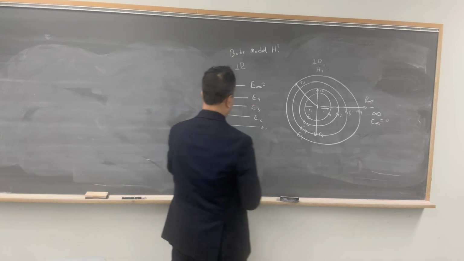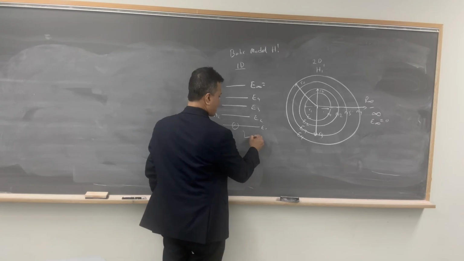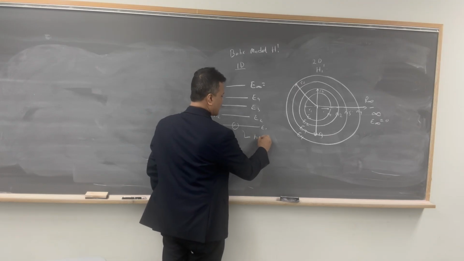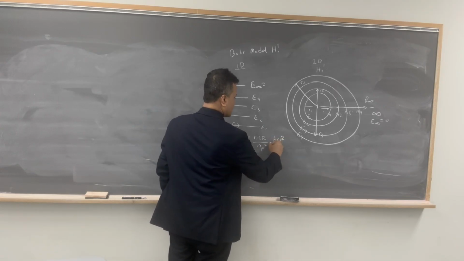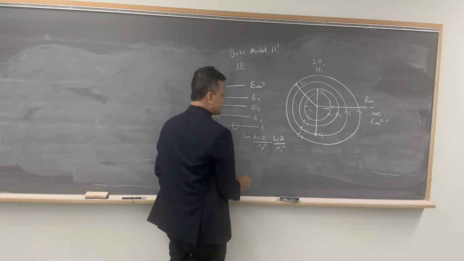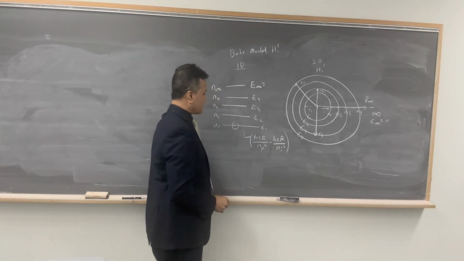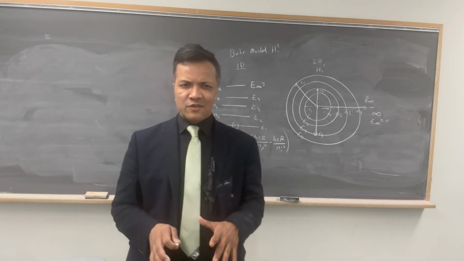If the electron is here and it absorbs this much energy, let's call it hcR over n final squared, minus hcR over n initial squared, then it can move up. So it's quantized, and that's all we're going to try to understand.